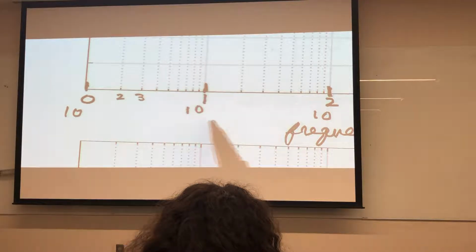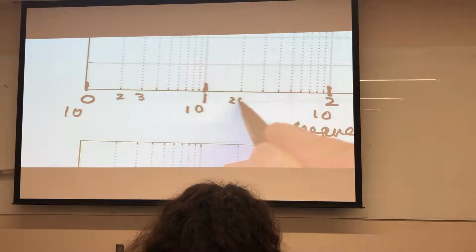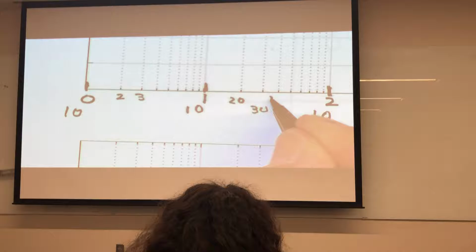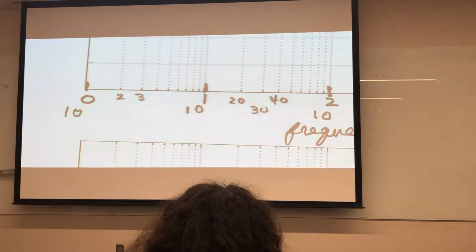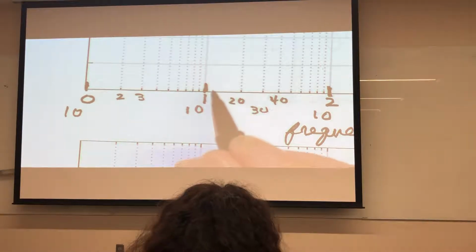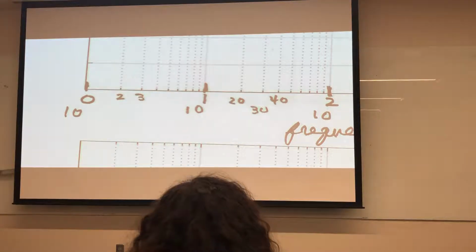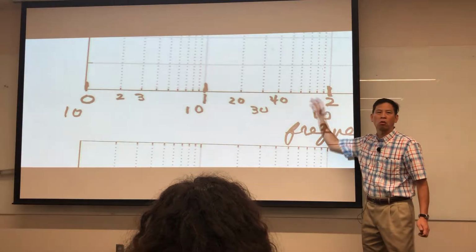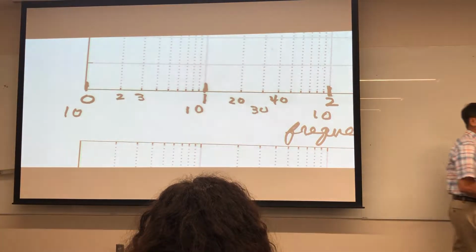This is 10, this is 100. So this is 20. This is 30. This is 40. Where's 11? 11 is somewhere in here. So there's a distortion of the frequency axis. We need the distortion of the frequency axis in order to get large frequencies onto the picture.